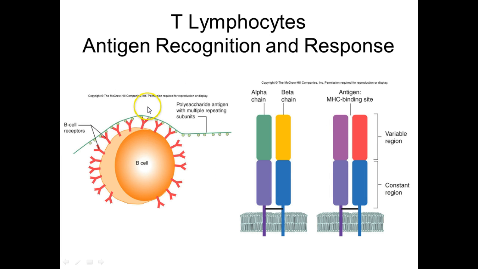So for the B cell, right, we already know their B cell receptor is actually an antibody class IgM, right, out of the 5 different types. And it can interact directly with antigen. The T cell just has one receptor.